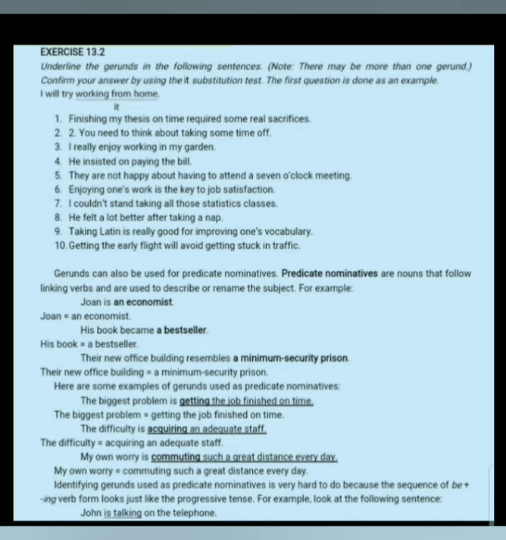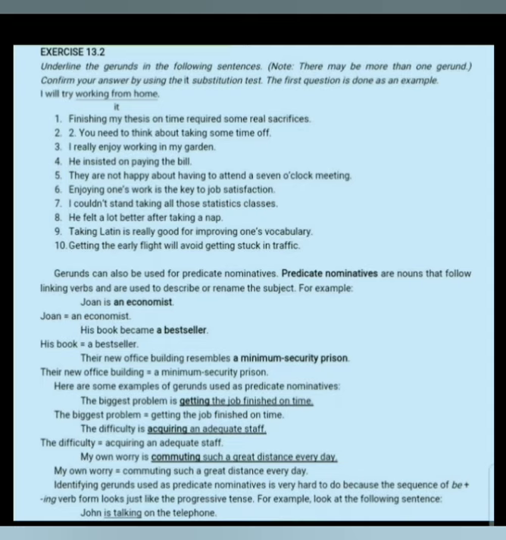John equals an economist. His book became a bestseller. His book equals a bestseller. Their new office building resembles a minimum security prison. Their new office building equals a minimum security prison.